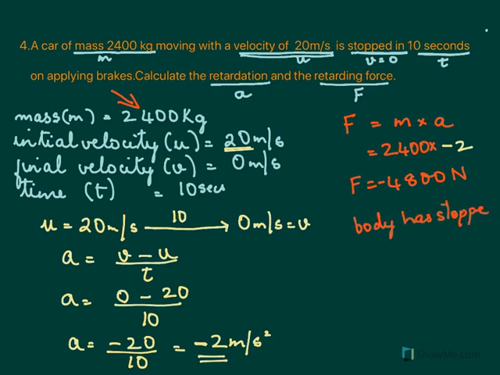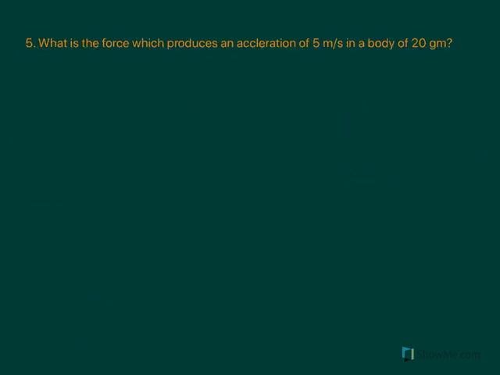The force is acting in the opposite direction, and this is called retardation. And the force will be called the retarding force. So retarding force here is 4800 newtons.